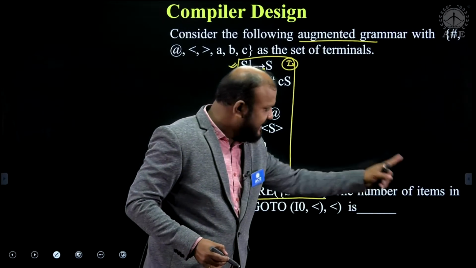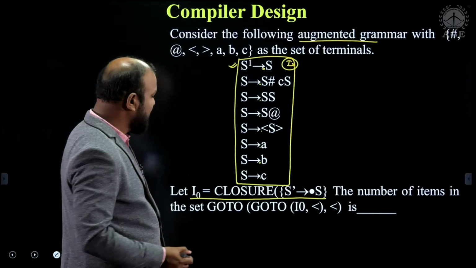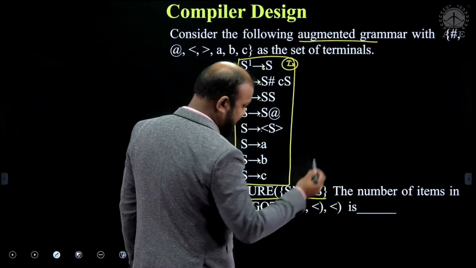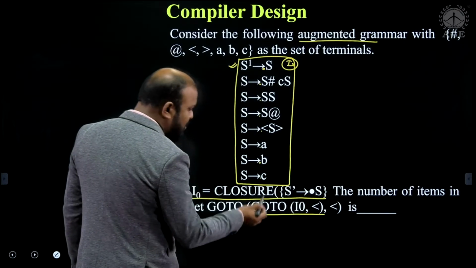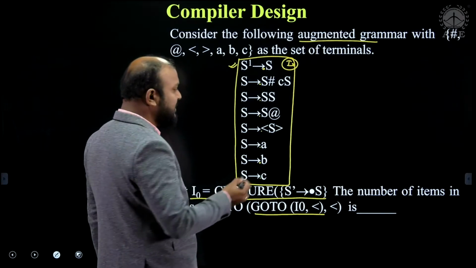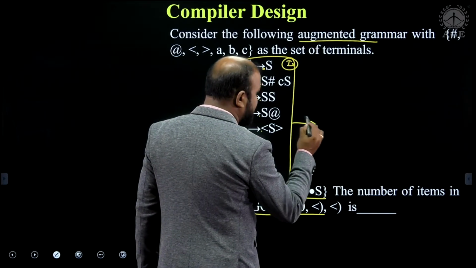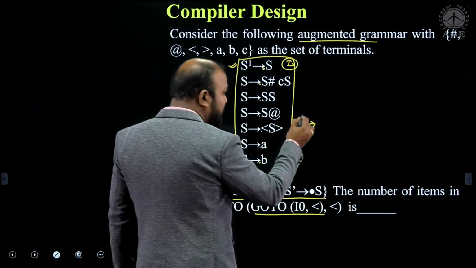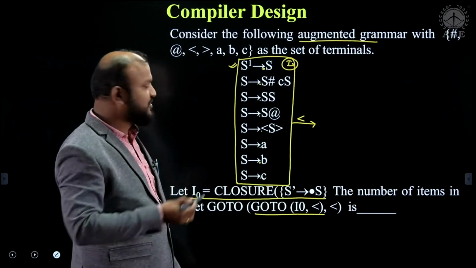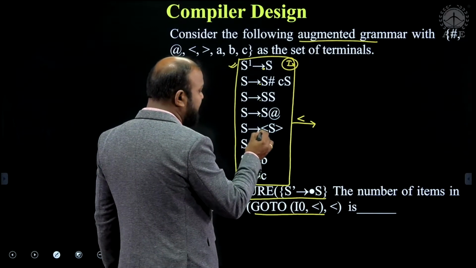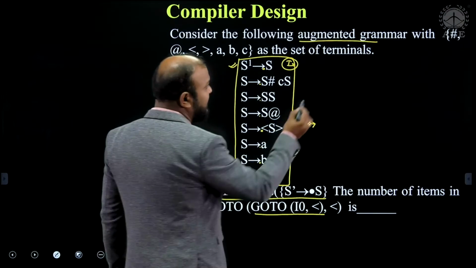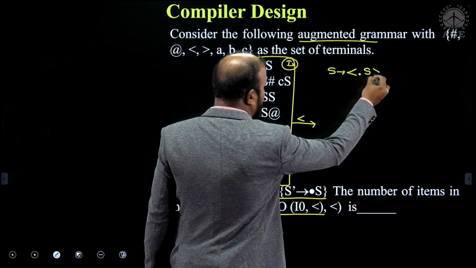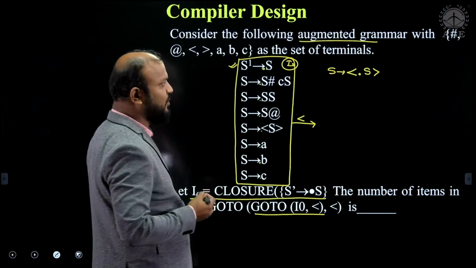The question is the number of items in the set goto of I0 comma <. First we will find goto of I0 comma <. It means we need to make a transition from state I0 to some state I1 on input <. If you move dot one position to the right on input <, here you see only one possibility, that is S tends to < dot S >. That is one item.